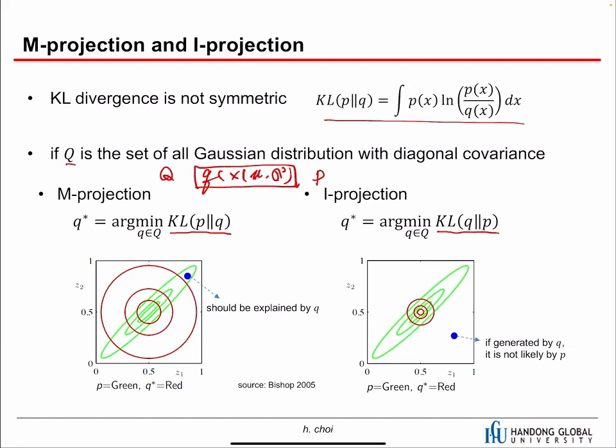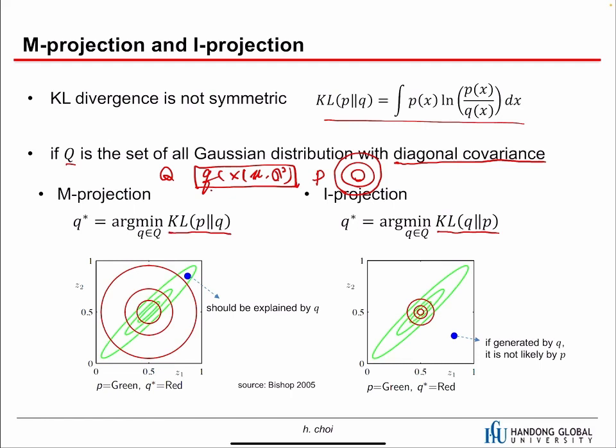Since they are asymmetric, they have different kinds of results. Okay, so let's say P is a Gaussian mixture. Then, as this statement says, we assume that Q has a diagonal covariance, so Q is always something like this, circles.